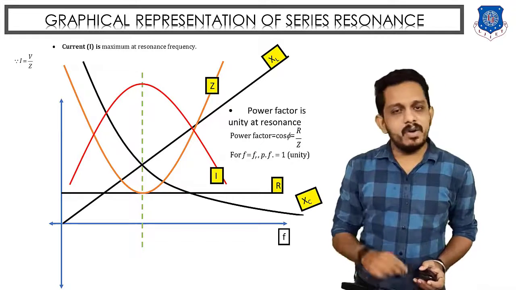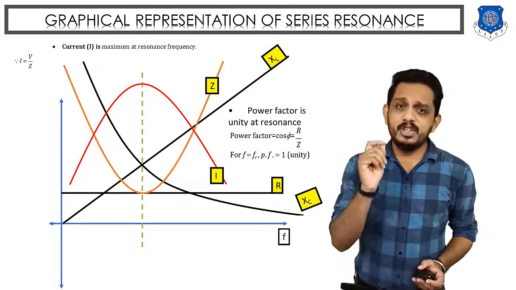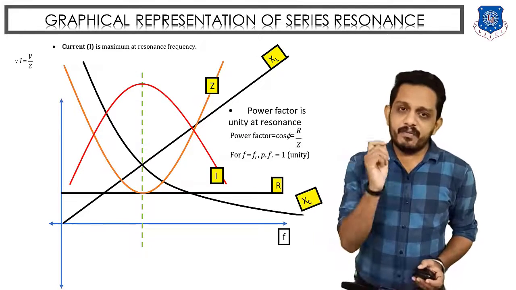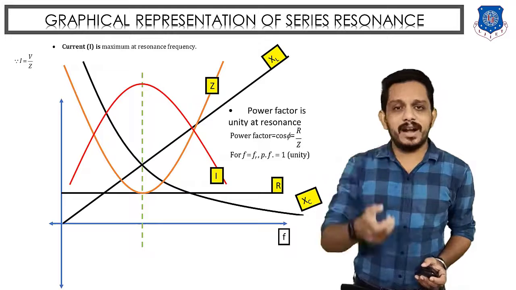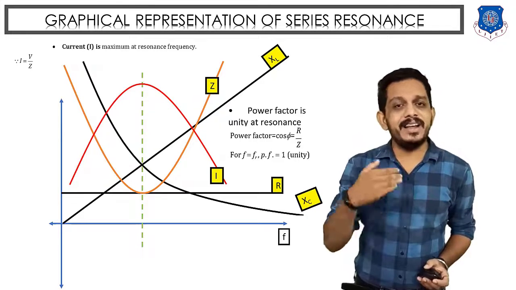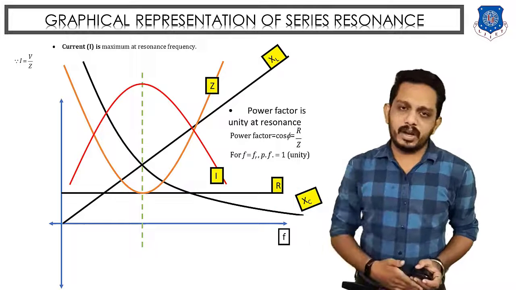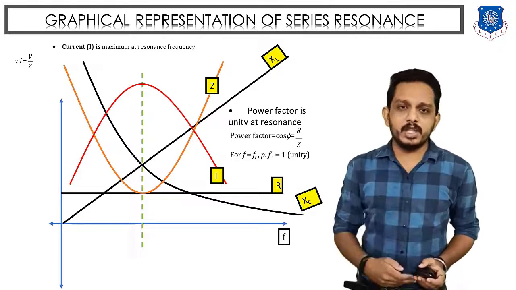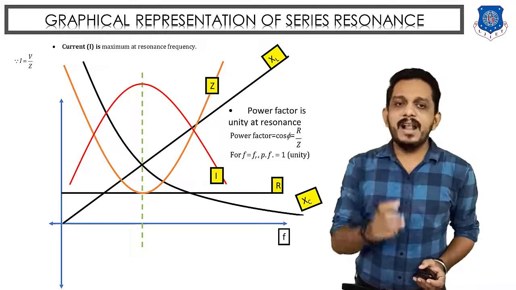If you are talking about the power factor, then you have seen that before the resonance frequency, the effect of the capacitive part will be high. So you can say that the power factor is leading before the resonance frequency. After the resonance frequency, the inductive effect is more, so the power factor will be lagging.